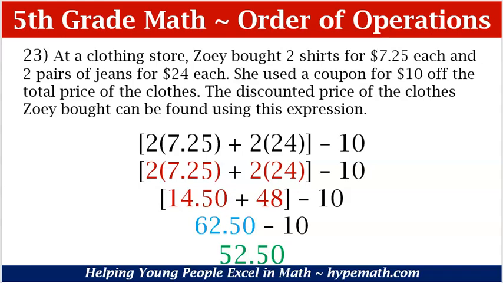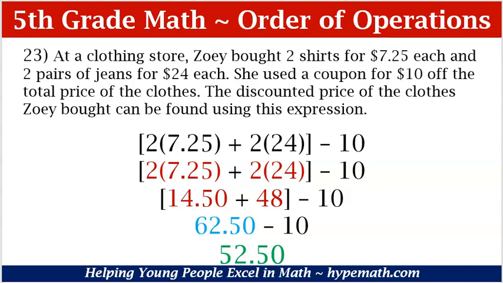So for the two shirts that Zoe purchased, that is equal to $14.50 plus 2 times 24. Now we do that. The jeans, two pairs for $24 is equal to 48. Now that we've handled that part, we can now add together the numbers that are inside of our bracket.